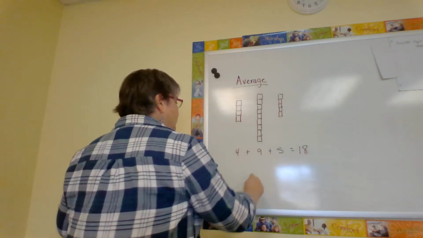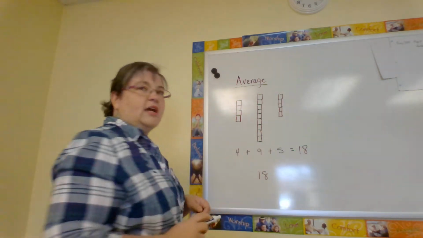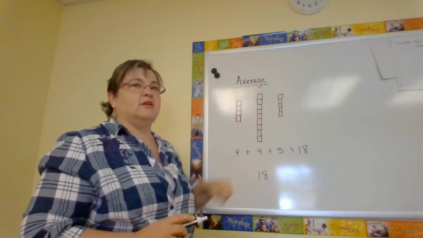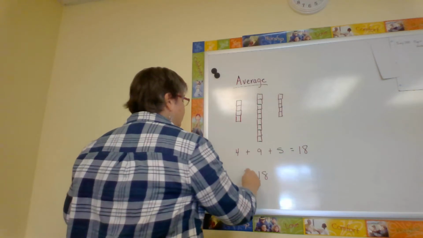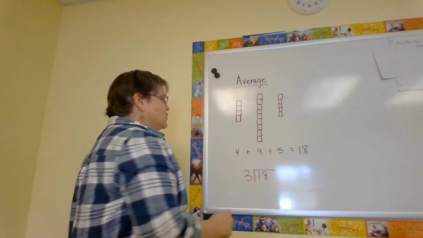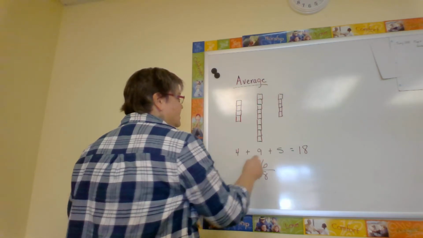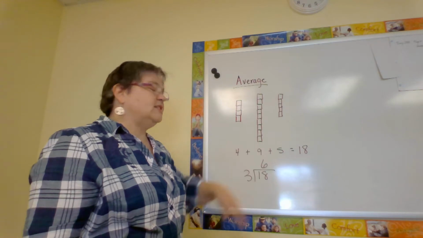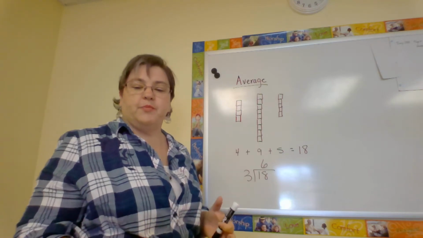Then we took the 18 and divided it by how many stacks we had. 3. And 3 into 18 is what? 6. The average of 4, 9, and 5 is 6. It's like the median number.